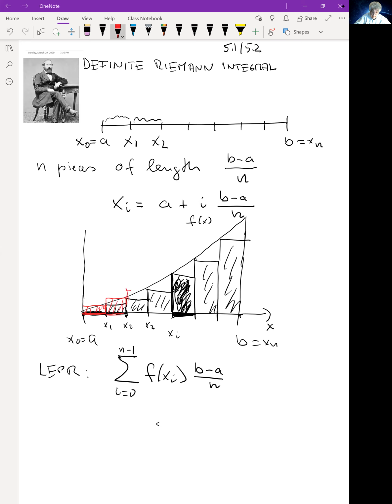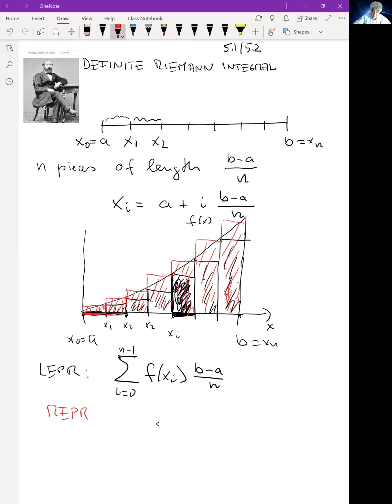I always take the right endpoint from a subdivision and I compute the areas of the red rectangles. Now again, this is called the right endpoint rule.